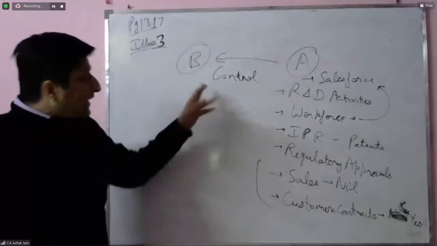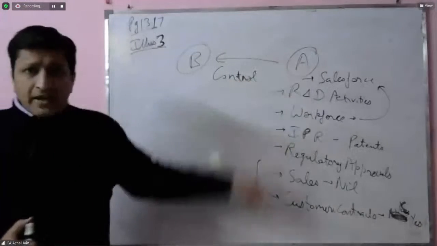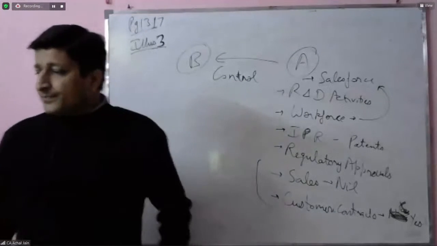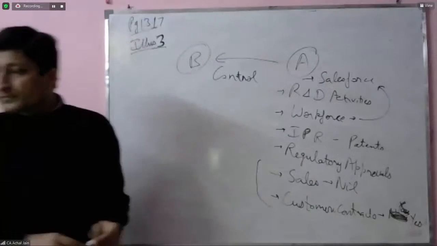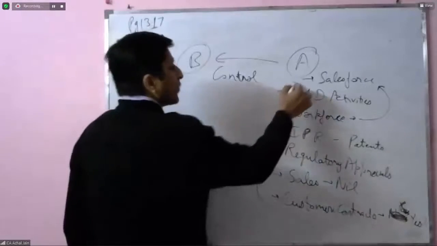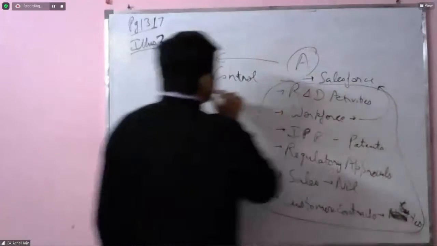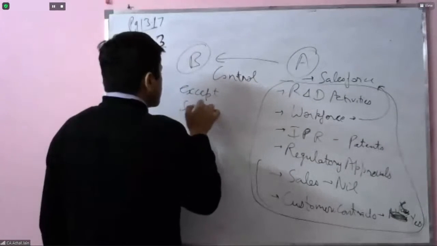But B acquires all the inputs. B acquires entire A other than the Salesforce. So B is acquiring everything, all of this is acquired by B, except Salesforce.